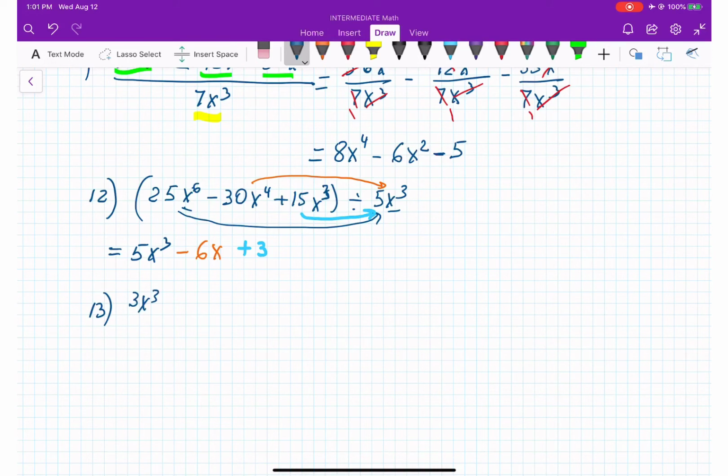Plus x squared minus 4x plus 4. Dividing by x plus 2. All right, let's do our long division. So 3x cubed plus x squared minus 4x plus 4. We are doing long division.